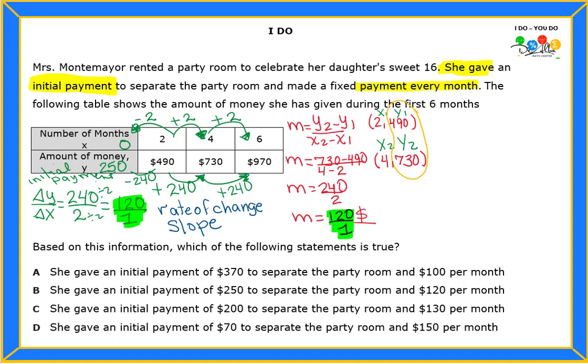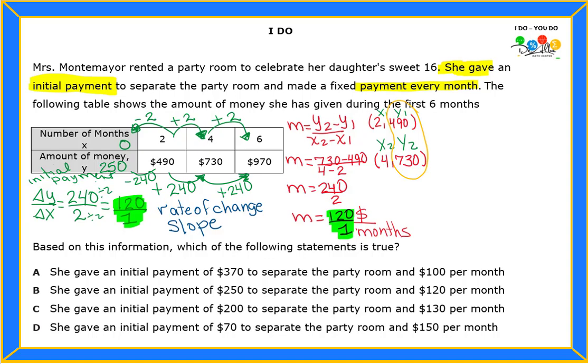And the x, which is my denominator, is not money. What is it? Months. Very good. Okay, so let's write it down. This is months. So if you look at the labels and read what it means, Mrs. Montemayor will pay $120, because that's the money, in 1 month. In other words, $120 each month. Is that right? Okay, very good.